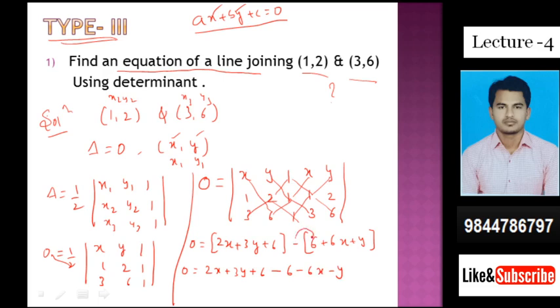Just we are multiplying all the cofactors by minus sign. 0 is equal to plus 2x minus 6x, that is minus 4x, plus 3y minus y, that is plus 2y, plus 6 minus 6 cancel.